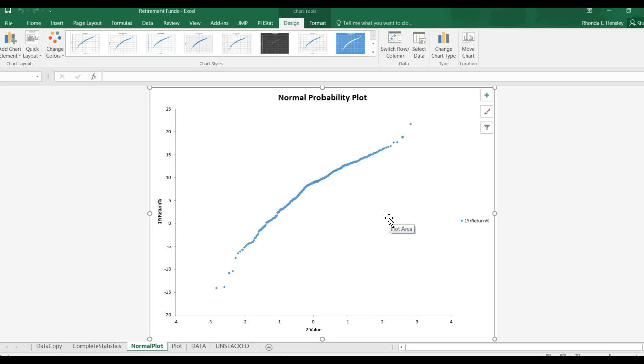That is a sign that we have left skewed data, which is exactly what we do have. We saw that with our skew. If it went down and was kind of concave, then that would mean we had a right skew in our data. So anyway, those are a couple of things to look at. Work on your data, work on the chapter 6 assignment, and I'll see you next time.